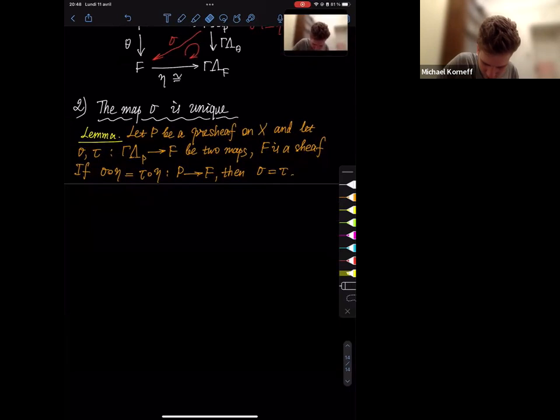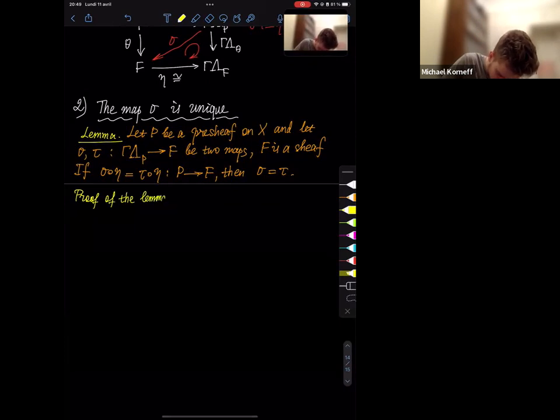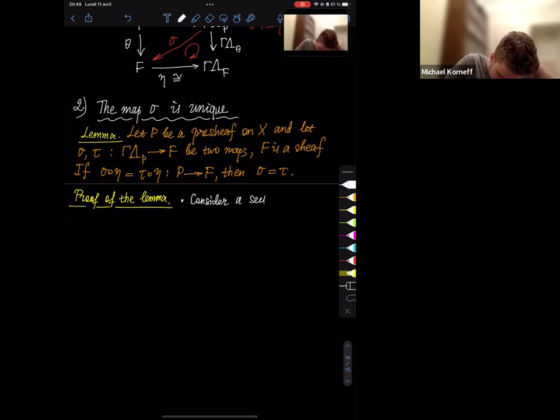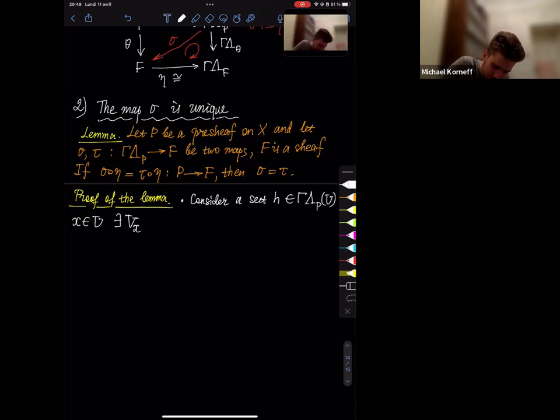And proof of this lemma. The first step: consider a section H from gamma lambda P over U, and for x in U, there exists an open neighborhood Vx of x, and also there exists a function Sx belonging to P(Vx) such that H(x) is just a germ of Sx at the point x.